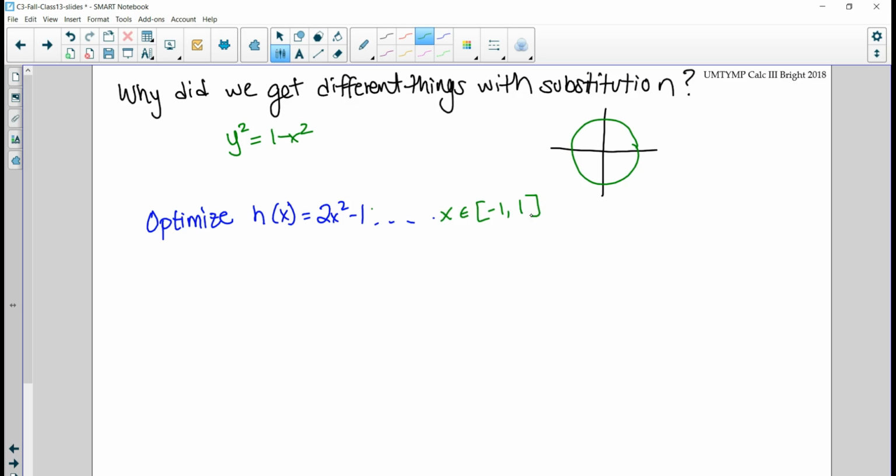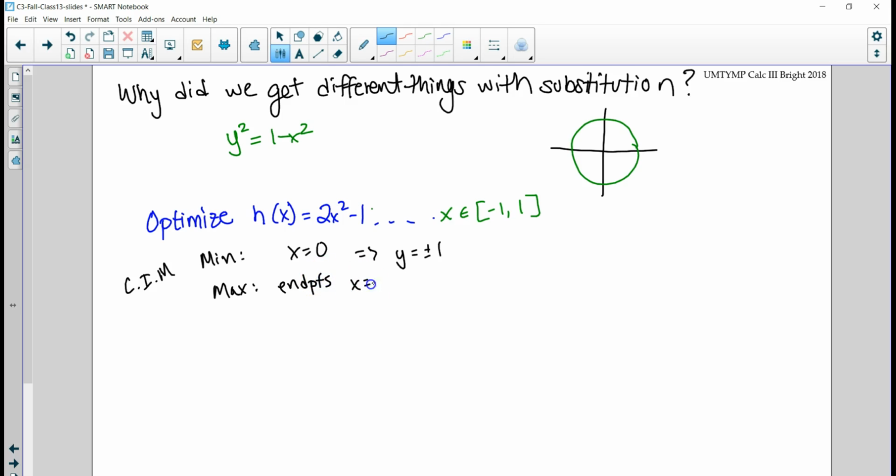So I can optimize this, and I found that x is equal to 0 is a minimum. When I substitute this in, I get y is plus and minus 1. So I get the minimum here, but the maximum, according to my closed interval method, would occur at the endpoints.